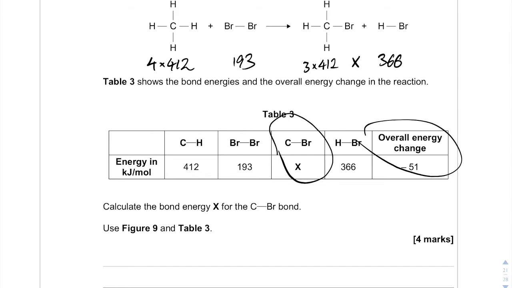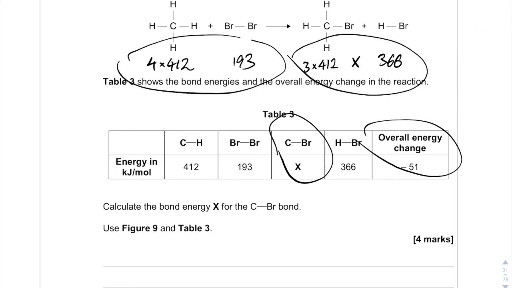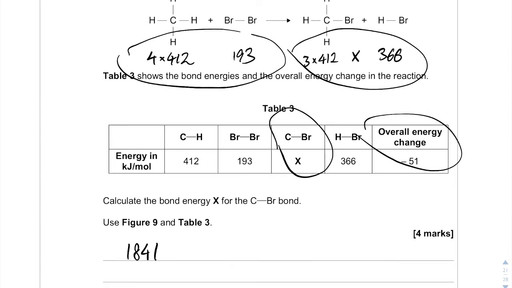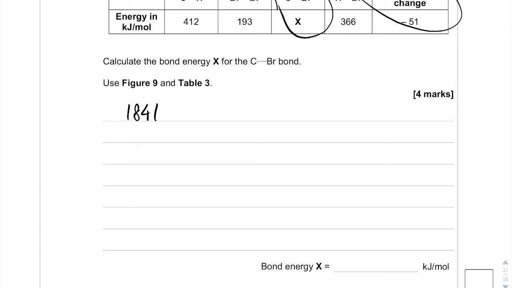So if we put in the numbers, we want to sum the left hand side and sum the right hand side, which would give me 1841 on the left, and 412 plus 366 is 1602 plus X.